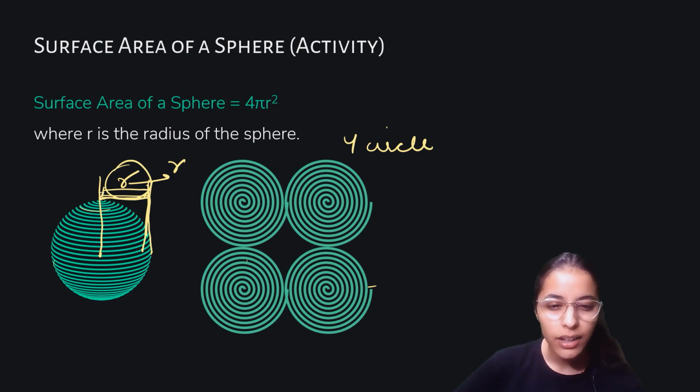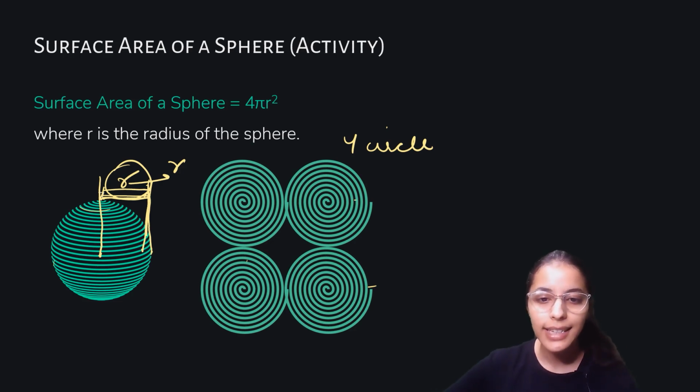Now we can see that the string is covering the area of all the circles, and the length of the string is also equal to the surface area of our sphere, because it is covering the whole surface area of our sphere, and it is also covering all of the four circles' area.